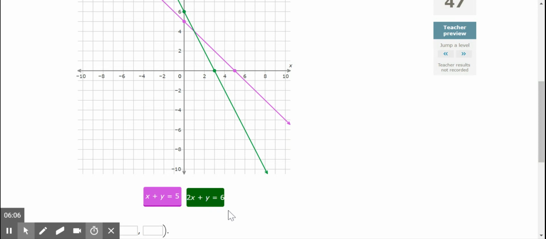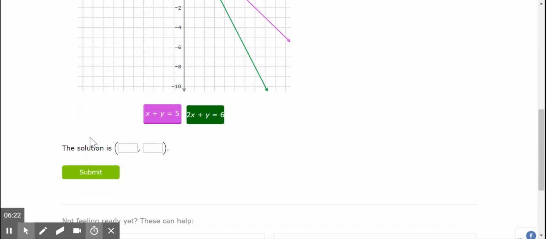Conversely, I could have subtracted 2x and said y equals -2x plus 6. There's my y-intercept of 6 with a down 2 over 1. But there's the common point, and that looks like it's the point 1 comma 4.